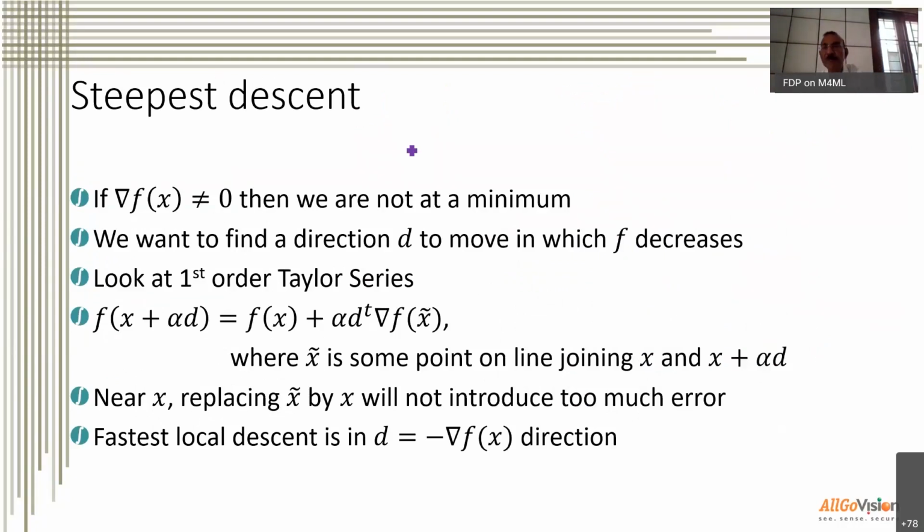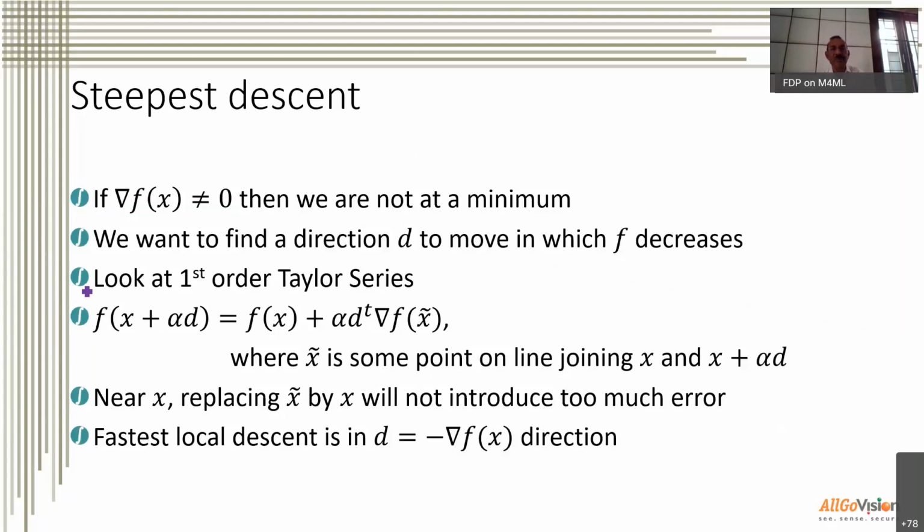Let's try to build up this method, and I think this is one of the most natural methods one can look at. So if you are sitting at a point x and the gradient of f(x) is 0, then I'm done, because I am not attempting to find the minimum, but only a point where the gradient is 0.